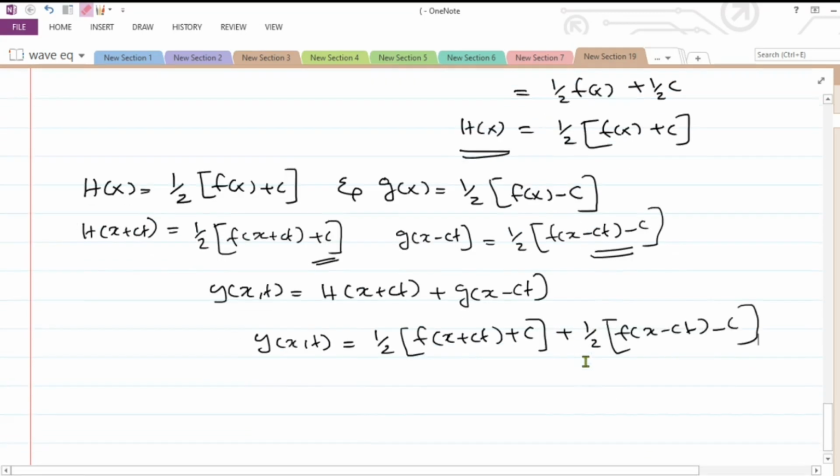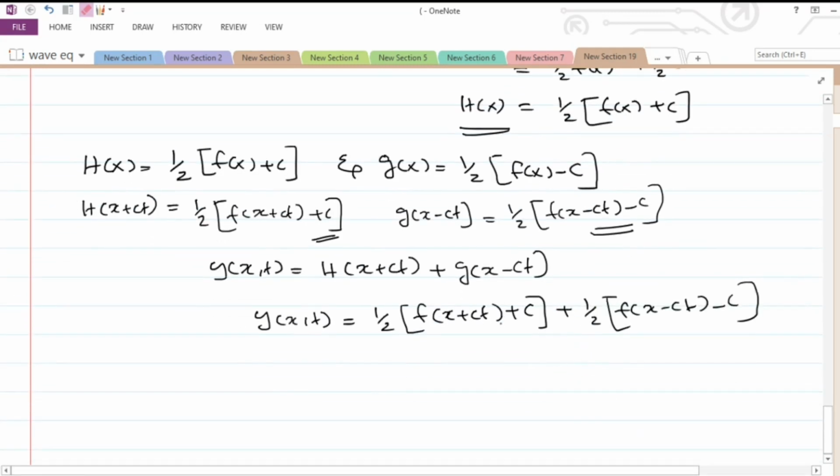Now we can cancel this 1/2 c, since here it is plus 1/2 c and here it is minus 1/2 c. So finally we get 1/2 times f(x+ct), taking 1/2 common, plus f(x−ct).